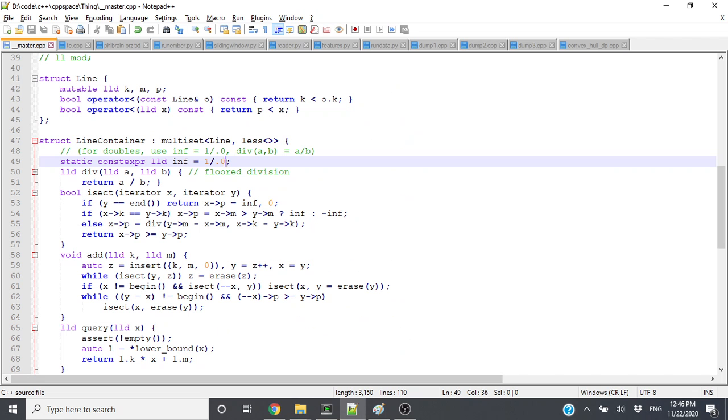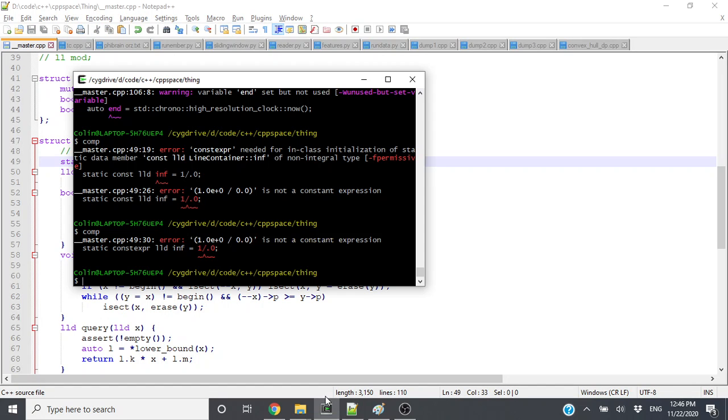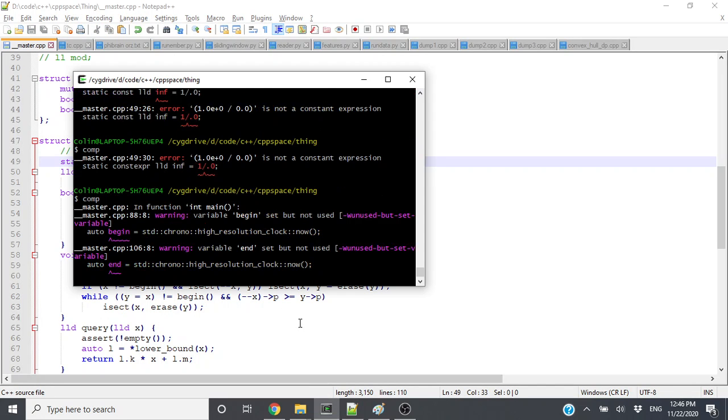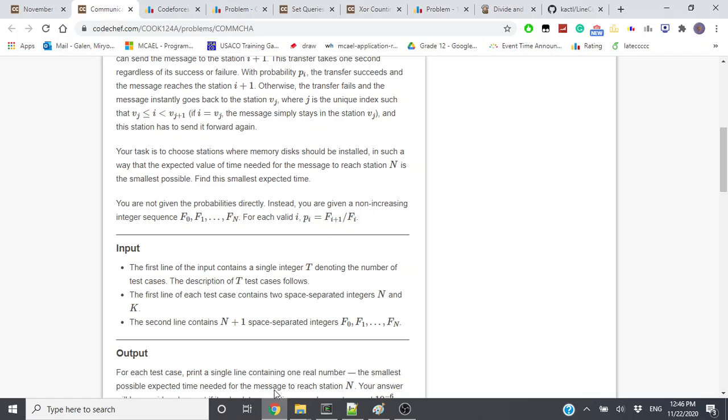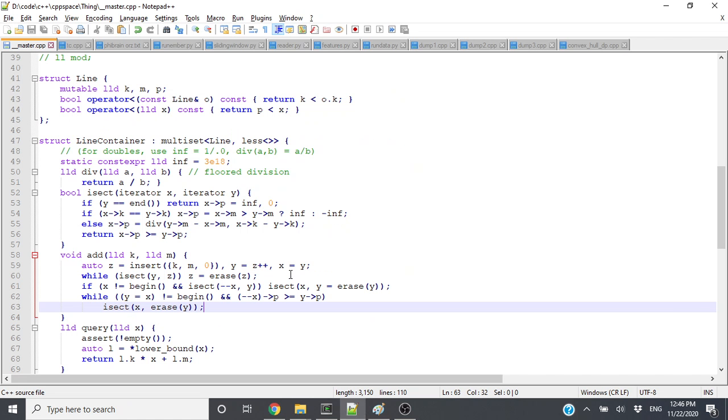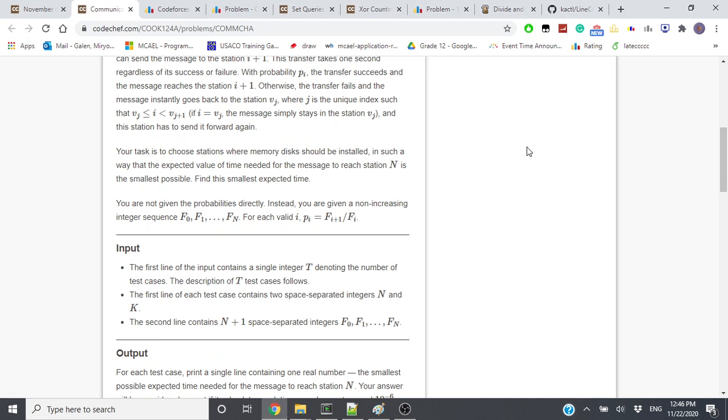It used to be something huge like 1E18. Guess that would work. Why does that not even work?